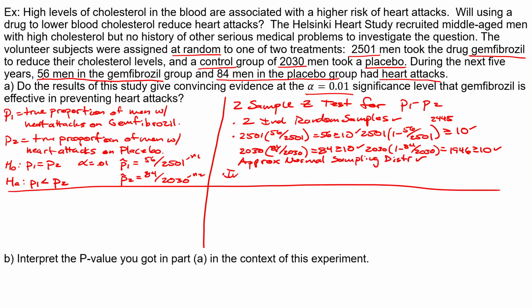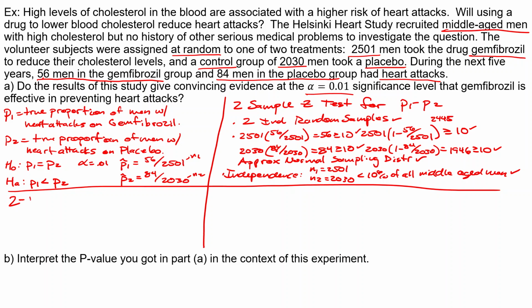And for independence, n1 is 2501, n2 is 2030, which is surely less than 10% of all. And I believe we were taking from middle-aged men with high cholesterol. That checks out. We've got millions and millions of middle-aged men with high cholesterol probably to choose from.